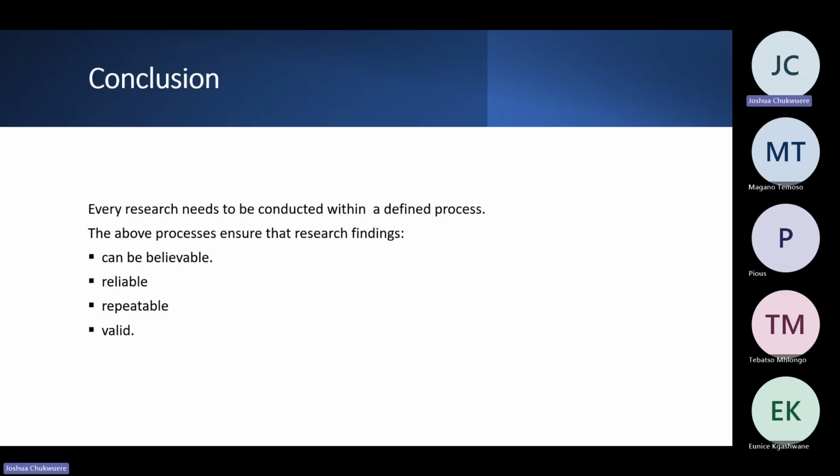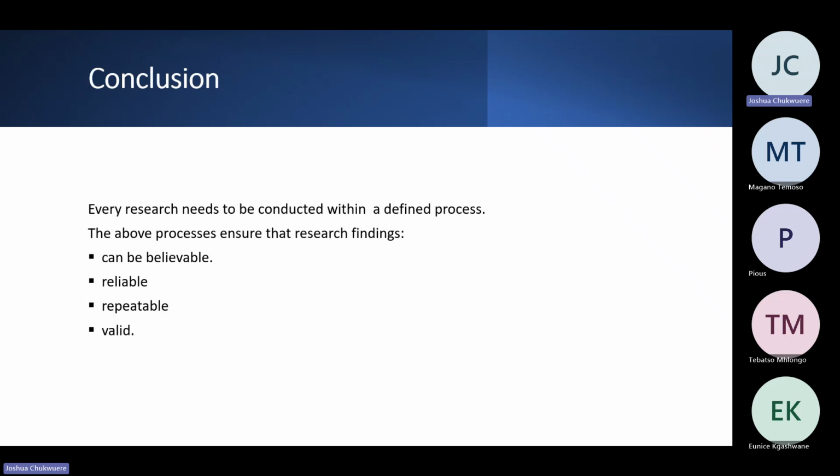And all these processes that we have seen in this section of the presentation and the previous ones are all aimed at ensuring that your research findings, whatever you have found in the research, can be believed by the readers, that this is not just a makeup by you or by the researcher. Also, it can be relied upon.